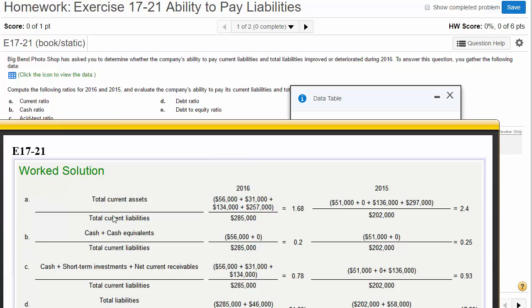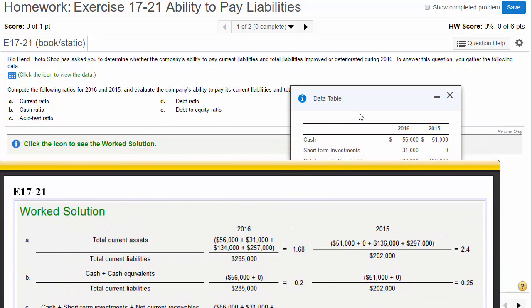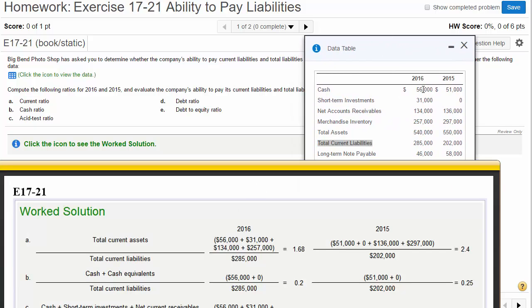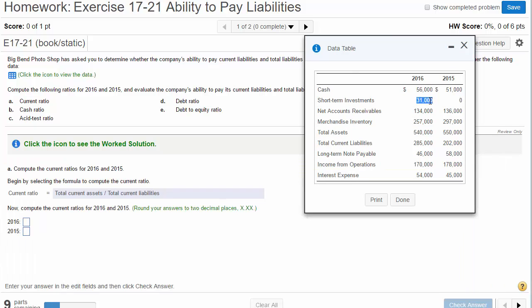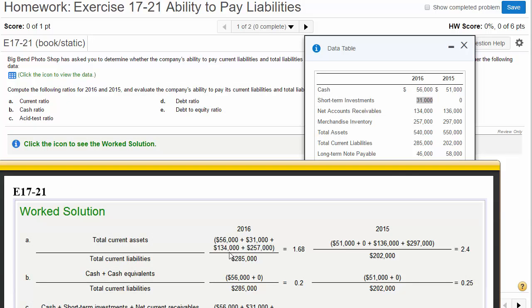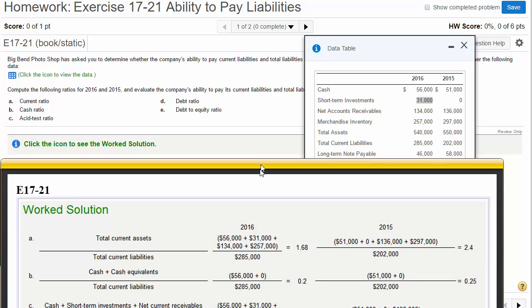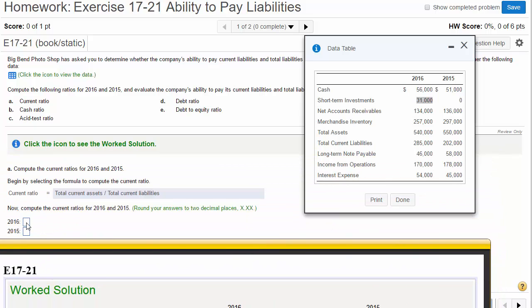Total current assets divided by total current liabilities. We got 56,000 in cash, 31,000 in short-term investments, net AR is 134,000, and then inventory 257,000, and then divided by 285,000 of current liabilities, you get 1.68 for 2016.